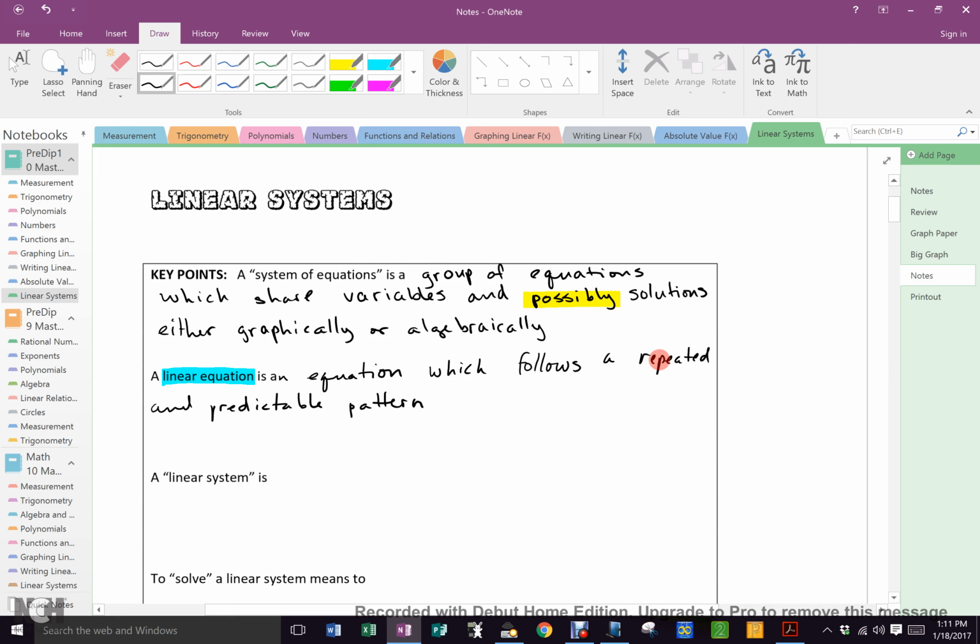An equation which follows a repeated and predictable pattern to each variable. A linear system, therefore, is a group of linear equations.